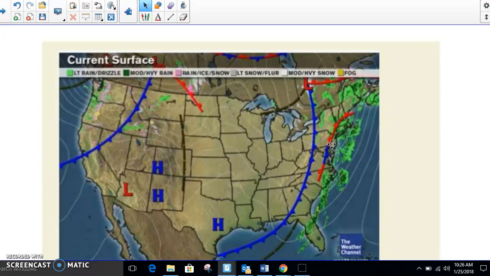It appears that there's an occluded front here because we have a warm front and a cold front here. So that means, sorry, not occluded, that means it might be stationary. That means it's not moving because you have the warm front here and you have the cold front here and warm front over here. So that means it might be stationary right here.